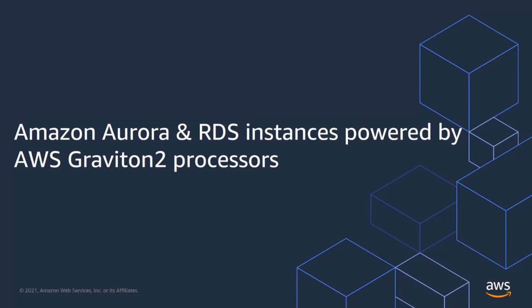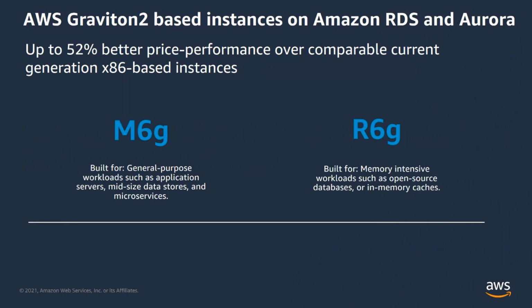So when it comes to database workloads, to make use of AWS Graviton2, AWS Graviton2 based database instances are now generally available for Amazon Aurora with PostgreSQL compatibility and Amazon Aurora with MySQL compatibility.